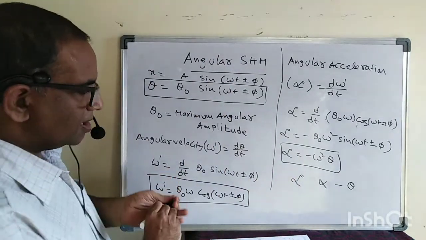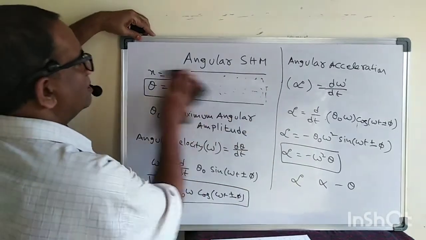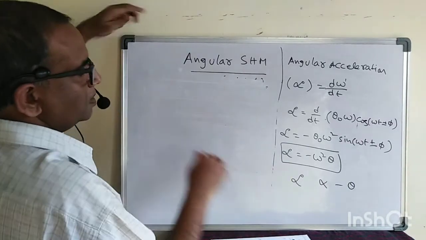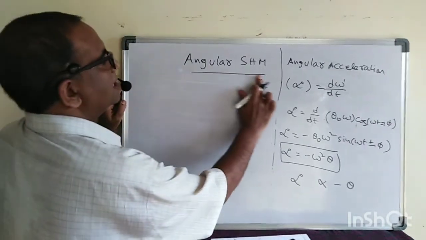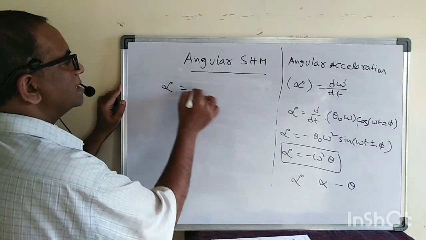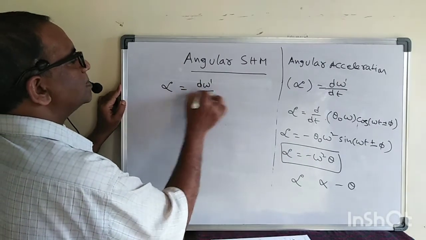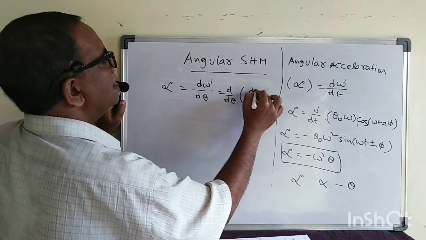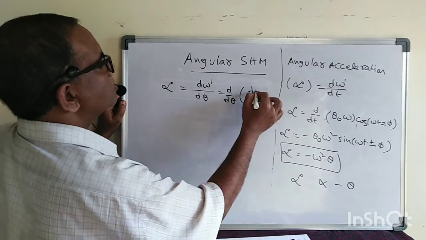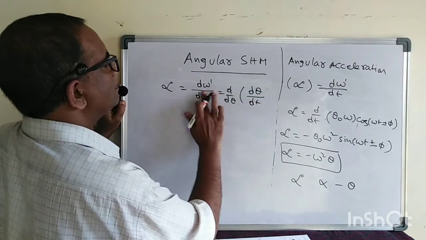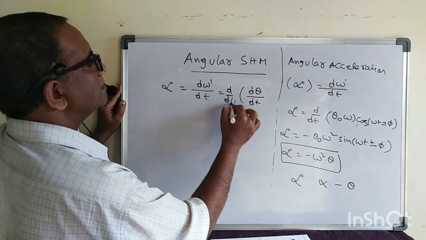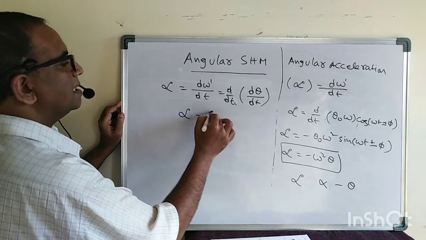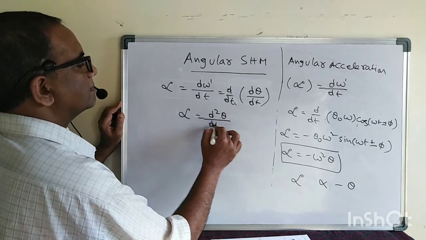You can also write it like this. Alpha is nothing but angular acceleration, so angular acceleration can be written as d by dt of d theta by dt, that is, d omega dash by dt. Then alpha is nothing but d square theta by dt square.